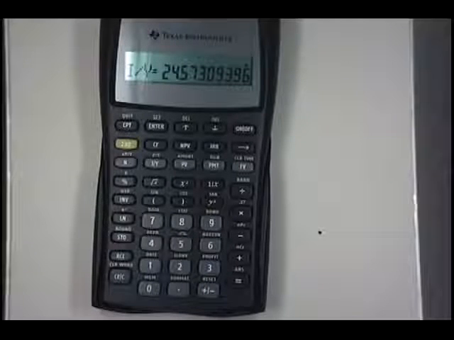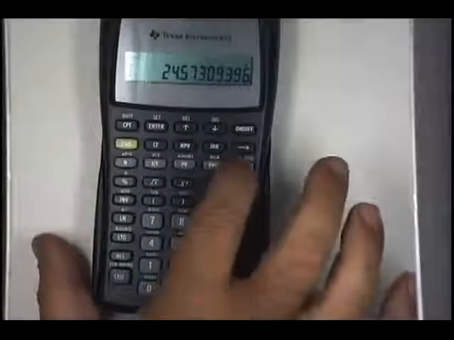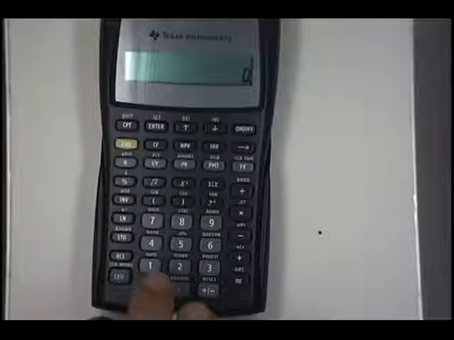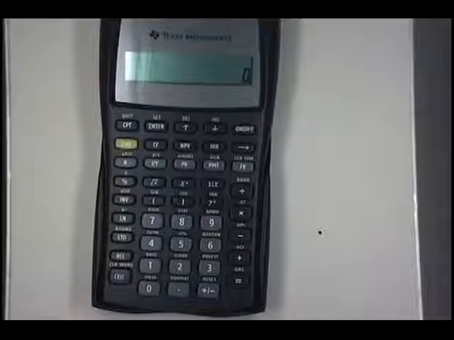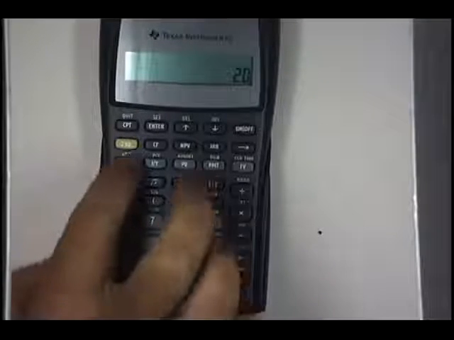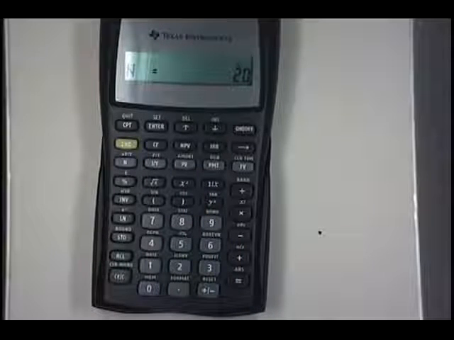Now, if we compound quarterly, what would change? Think, how many quarters are there in 5 years? 4 quarters in a year, that would be 20 quarters, right? Let's clear our time value of money information. So if I had 5 years and I'm now doing quarterly, I would have 20 quarters or periods.